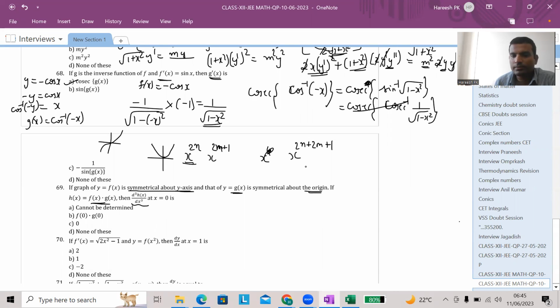So it's obvious that when you differentiate 3 times, what you'll be getting is 2n plus 2m plus 1 into 2n plus 2m into 2n plus 2m minus 1 into x to the power 2n plus 2m plus 1 minus 3, because when you differentiate every time, power reduces. So this is what you'll get at x equal to 0.